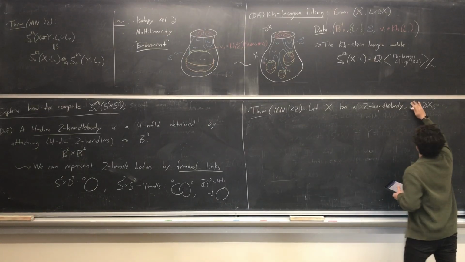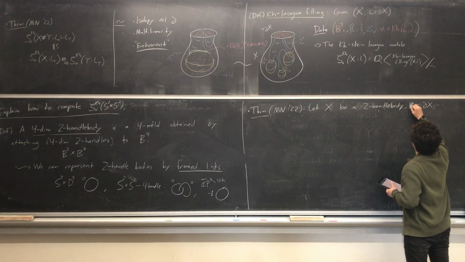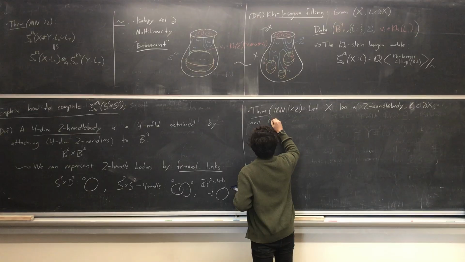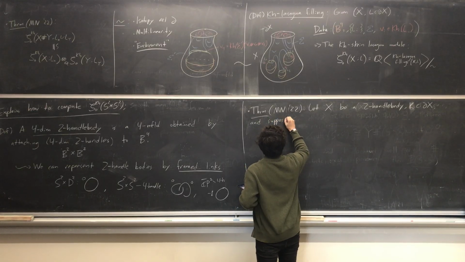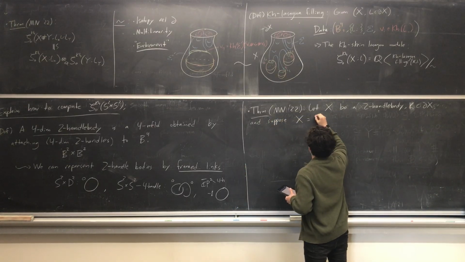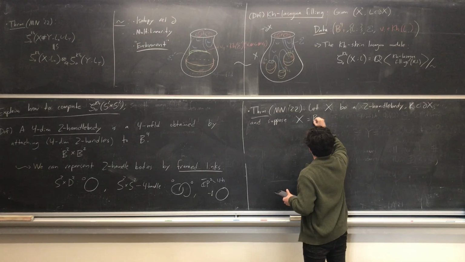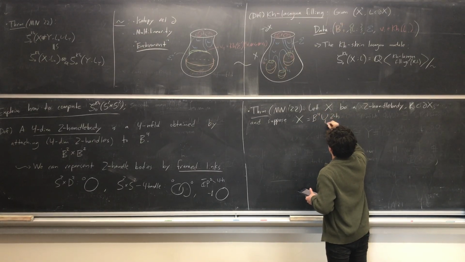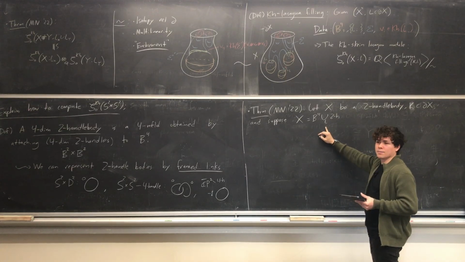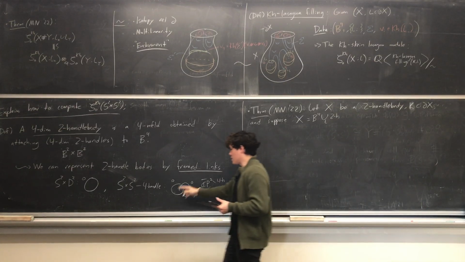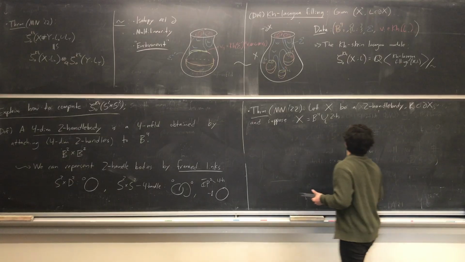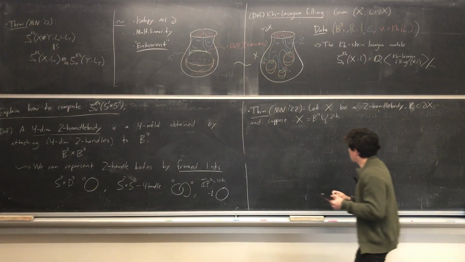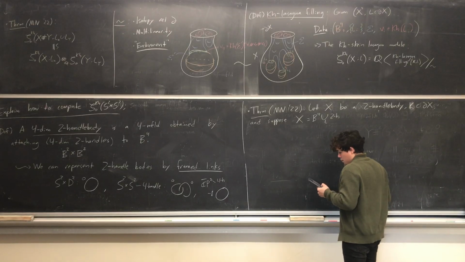Actually, let's call this K. And suppose X is equal to my zero handle, my four ball, with some number of two handles attached, and I'm attaching along a framed link L. Okay, so there is this L, this is my Kirby diagram, and then I have some other link K in the boundary. Great, okay.